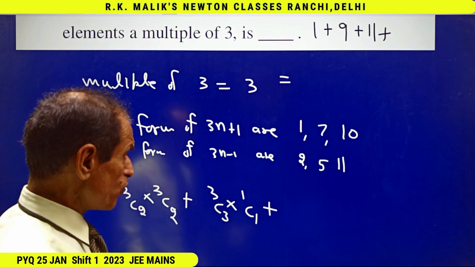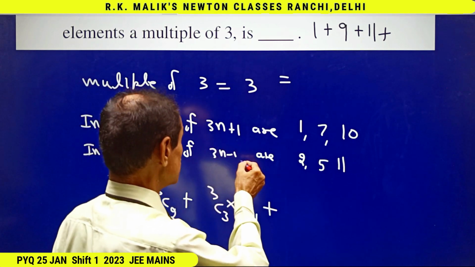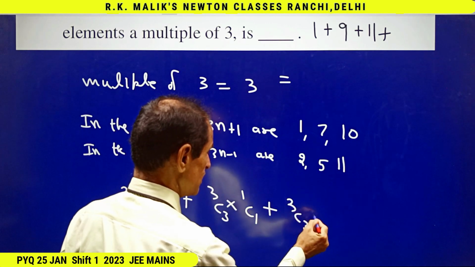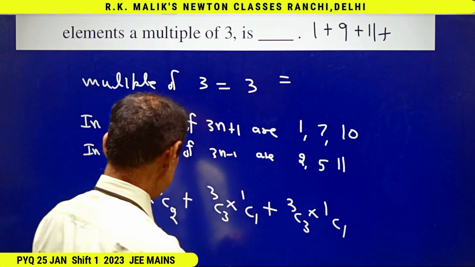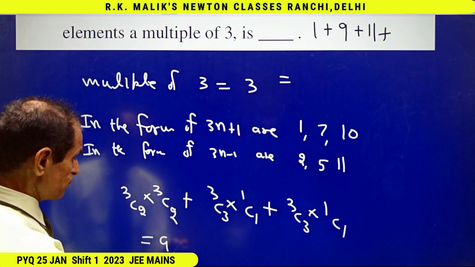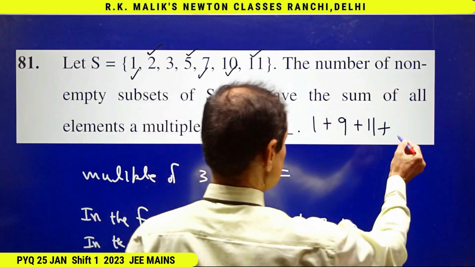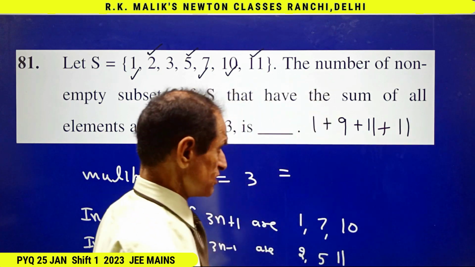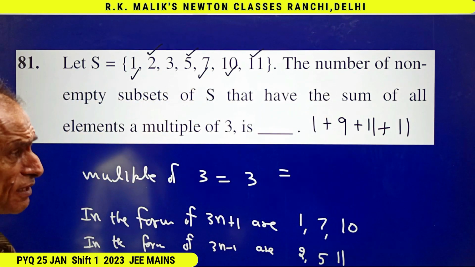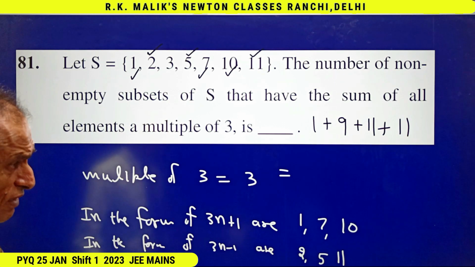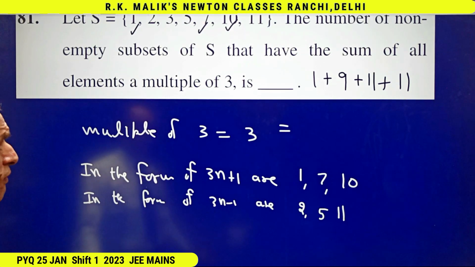Or one more case, when 3 elements are of this type and 1 element is of this type, that is 3c3 into 1c1, that is 9 plus 1 plus 1, that is 11. Hence, 11 more cases are there in which the subset is having 4 elements and sum of the element is multiple of 3. And take the case of 5 elements.